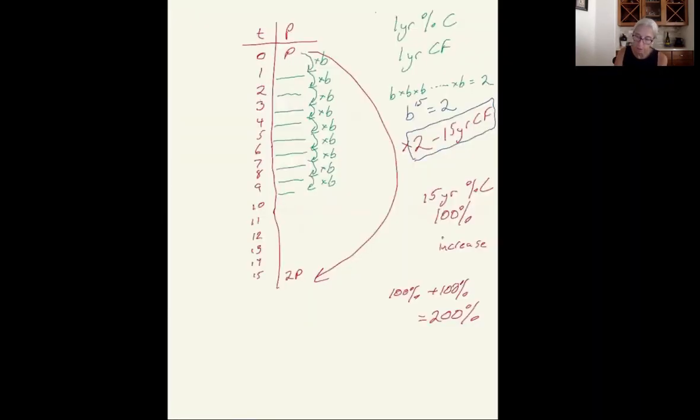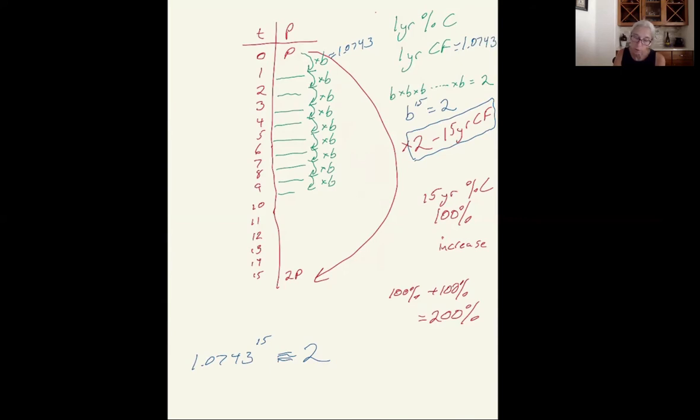That means that all of these little b values here are equal to 1.0473. If I take 15 factors of that multiplied together, I would get approximately 2. So my 1-year change factor is 1.0473.